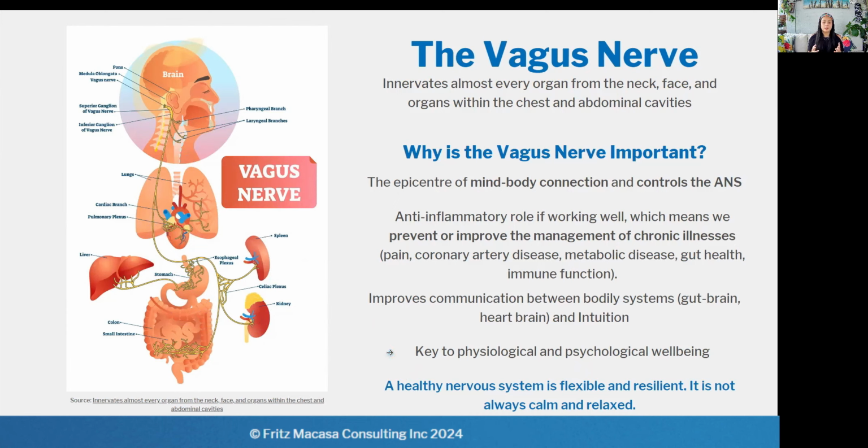Some people think that a healthy nervous system is always relaxed, only about getting ourselves into that parasympathetic nervous system state. But it's not just relaxation. It is also very important, but it is not just about being calm and relaxed. If we cannot use the power of our sympathetic nervous system, that activation within our nervous system, then we wouldn't have things like passion.